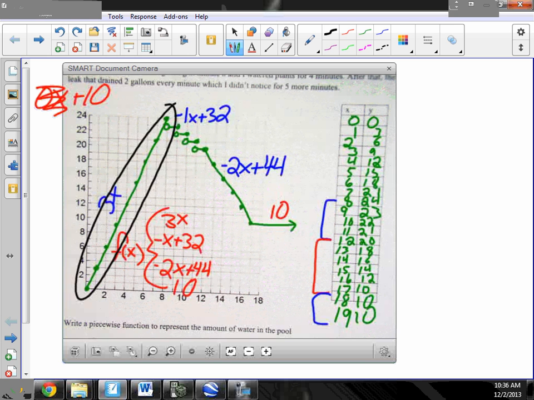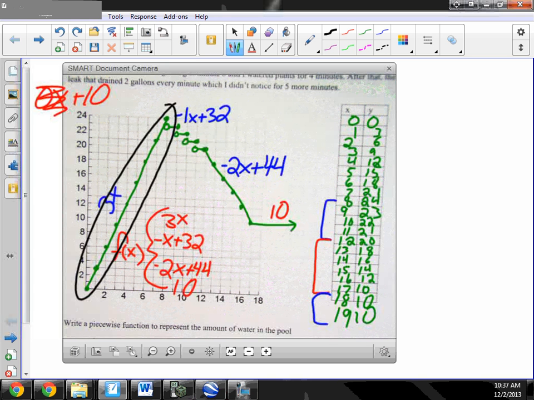When does it start and when does it end? It starts at 0, and we're looking at x's, not y's. So when x equals 0, and when does it stop? Not 7, at 8. So bracket 0 and 8.